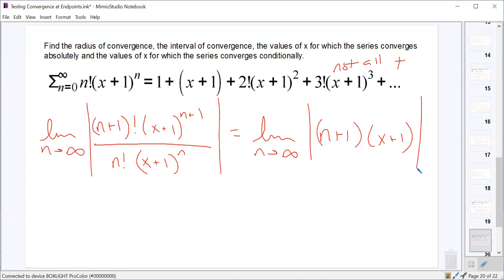Everybody agree? Yeah? What does that limit equal? Okay, Derek says that limit is infinity. I almost agree with you.